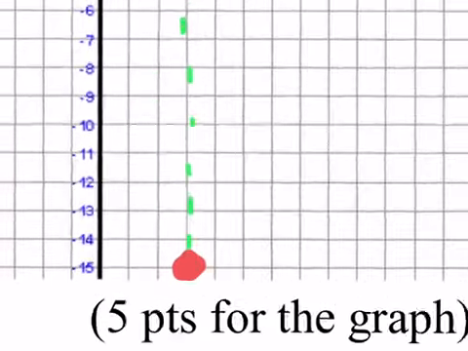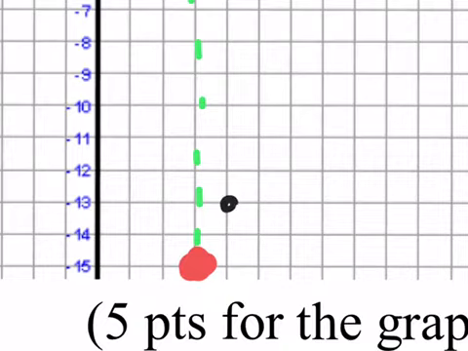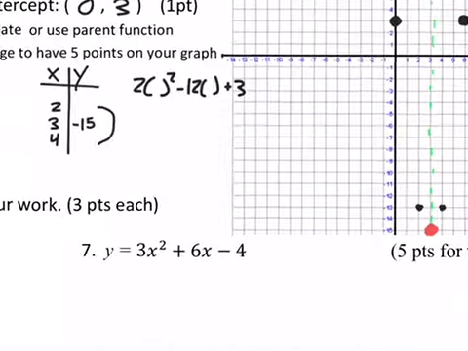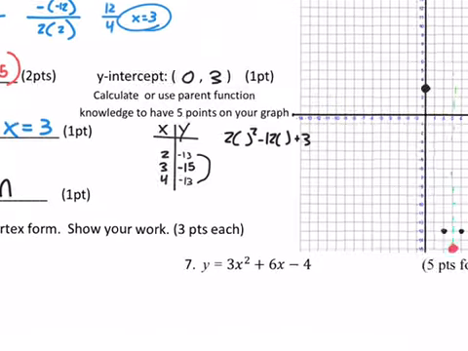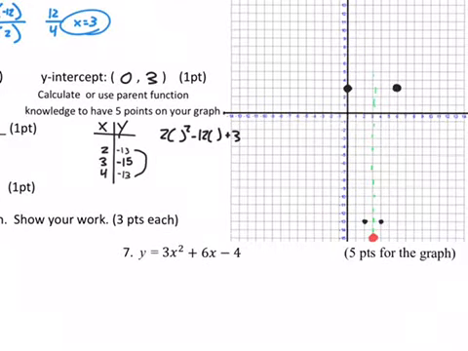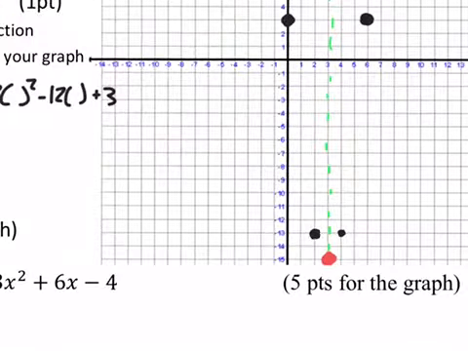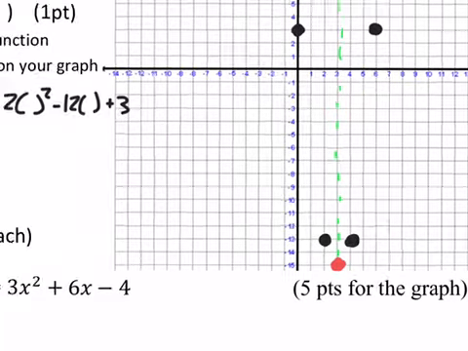So I can do that from my vertex here, over 1 up 2, to give me this point here and here. And if you plugged in either 2 or 4 into the original equation, you would get negative 13 for both. Okay? So that's one way you could plug those in, or use the curve method.